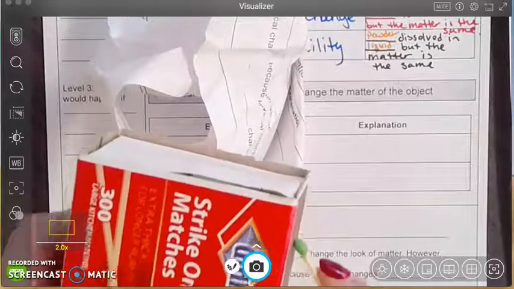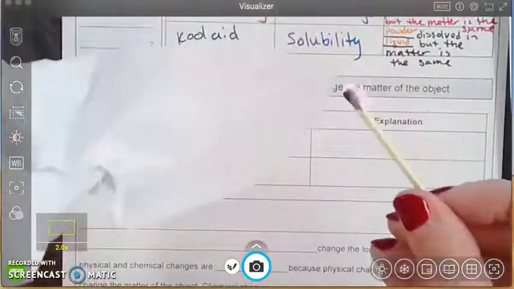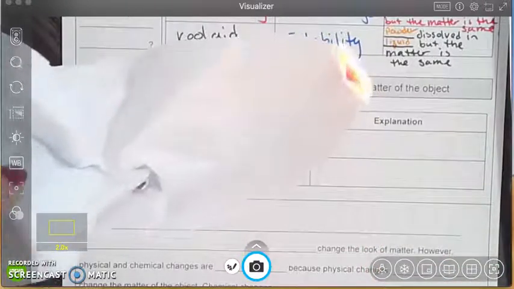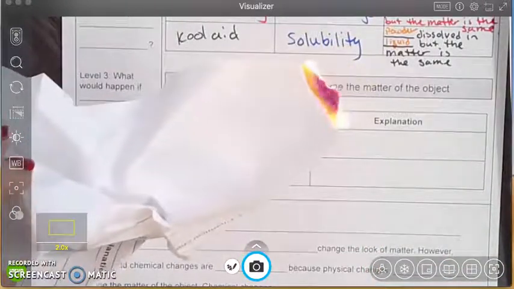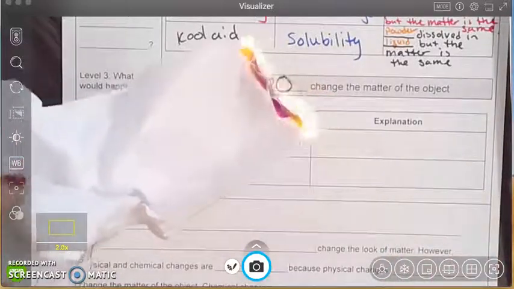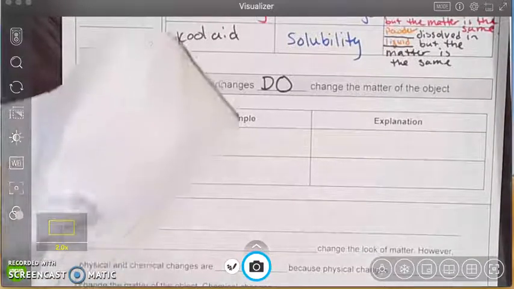All right, here we go. I have fire. I am going to start this paper on fire. And I can see already that I'm getting some things I didn't have before. And hold on a second. So I put it out, because we also don't need to set the fire alarms off.